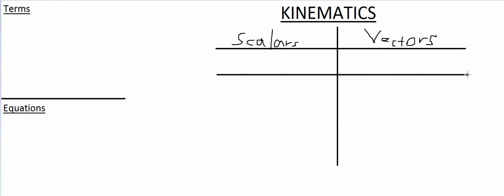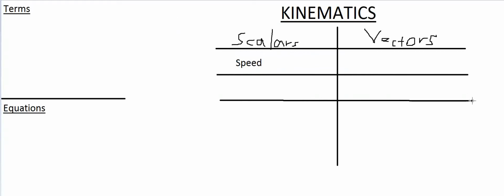So it's basically speed and distance. There's one more you learned, time, but it's not included in this table.